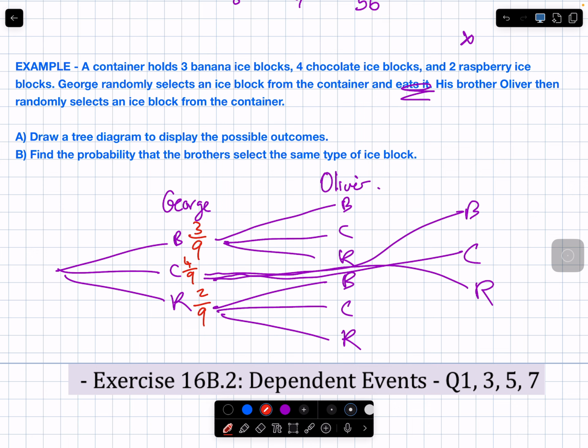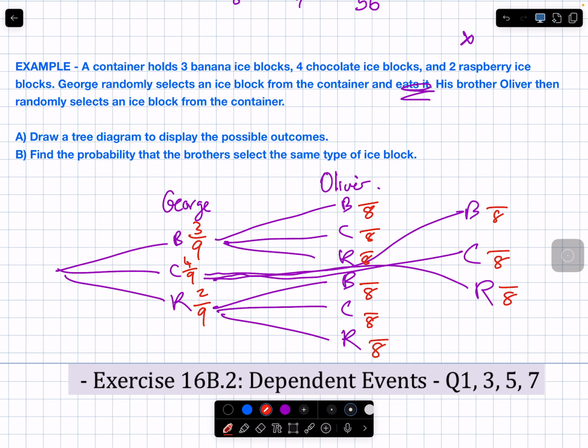Now you have to think, because the numbers here are going to change depending on what branch they went down. They're all going to be over 8. Do you agree? All over 8, so fill that in. Over 8, over 8, over 8, over 8.